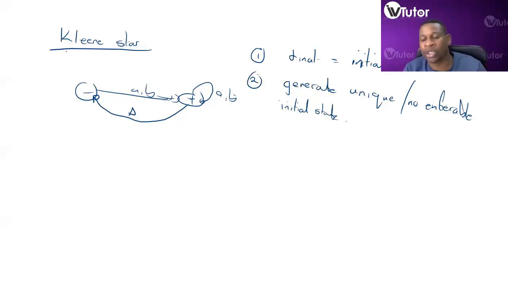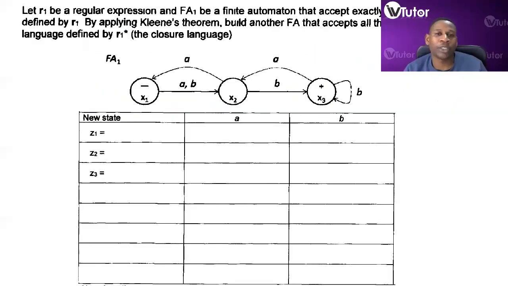Let's employ an example to demonstrate this. If we've got R1, we'll find the Kleene closure of R1. We need an initial state Z1 that is equivalent to X1, and this X1 is no longer an initial state.